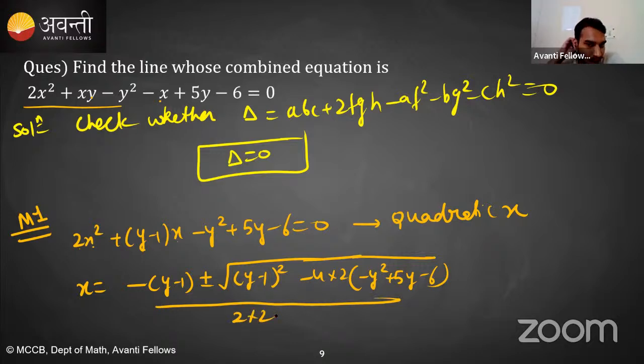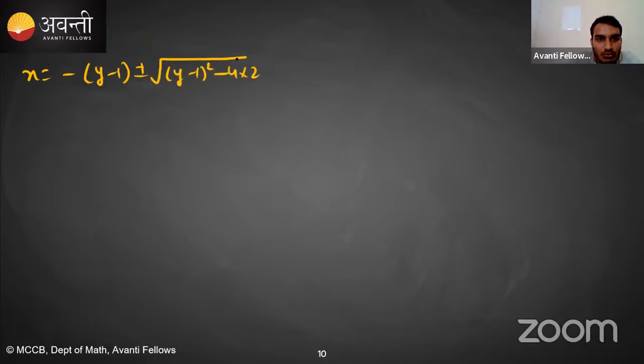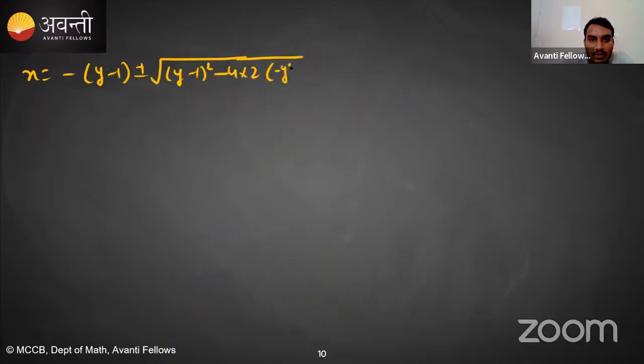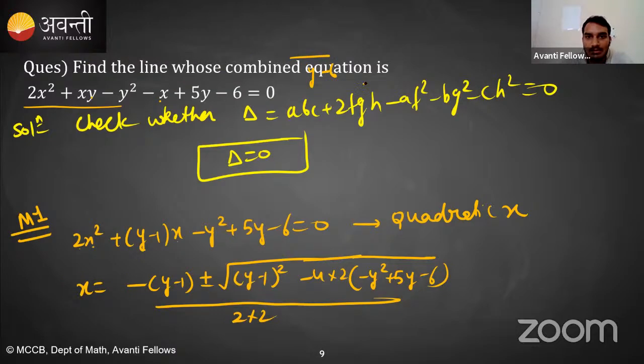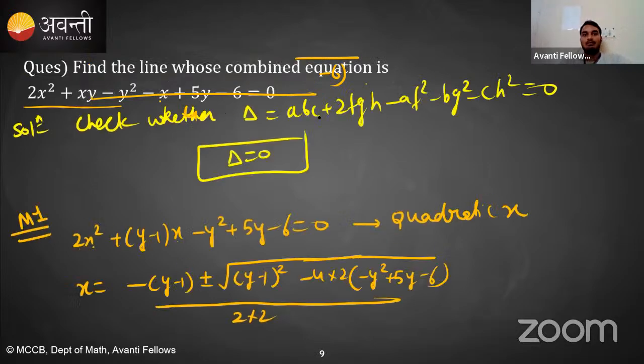Let me write this down again: x is equal to minus (y minus 1) plus minus under root of (y minus 1) whole square minus 4 into 2 into (minus y square plus 5y minus 6), upon 2a, which is 4, right?